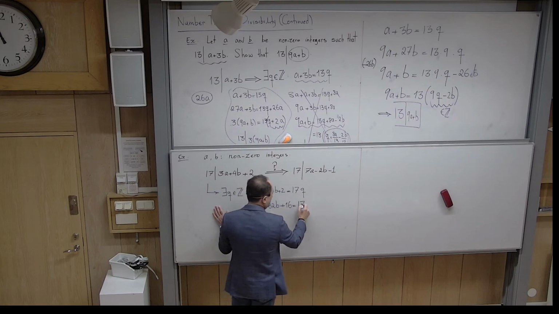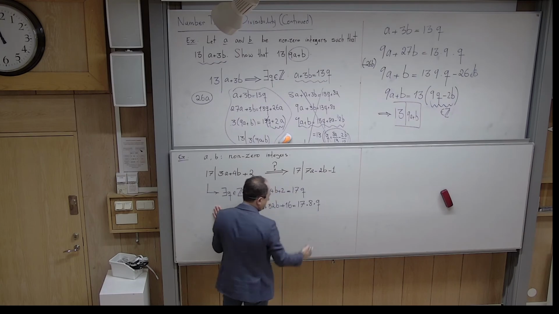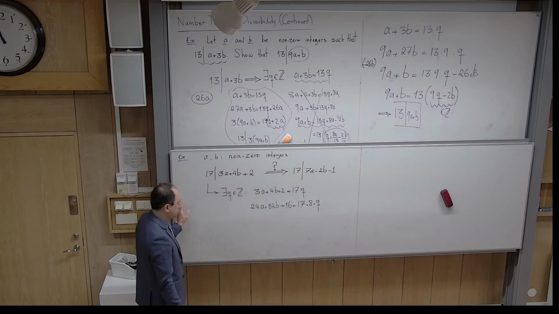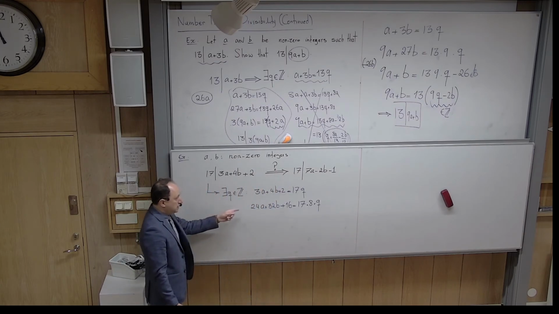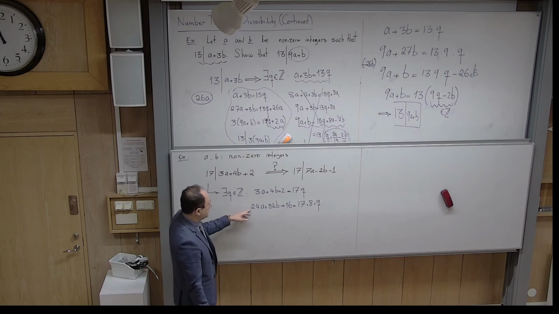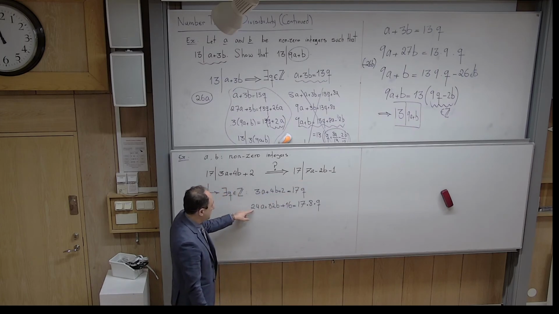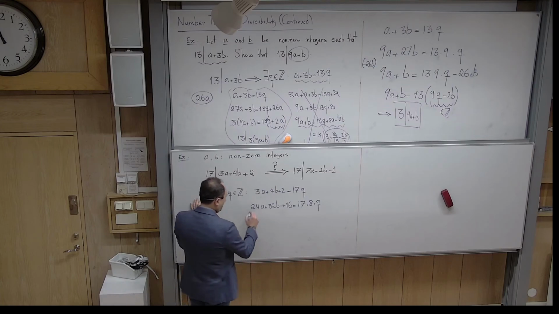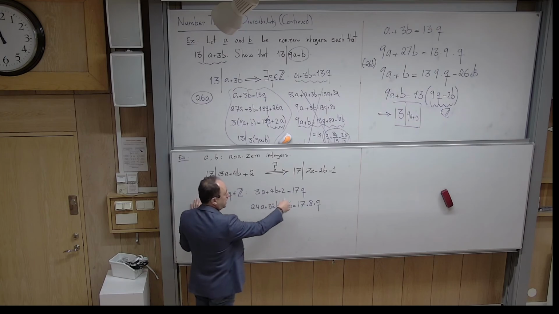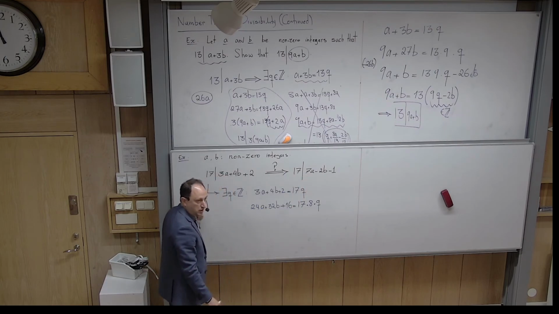You just write 17 times 8 times Q. If you want, you can multiply it, but you don't need to. If you understand what the problem is, you should be able to solve it. You tell yourself that I need 7a, but how many a's do I have? I have 24a. I want to go back and make it 7a. So how should I do that?